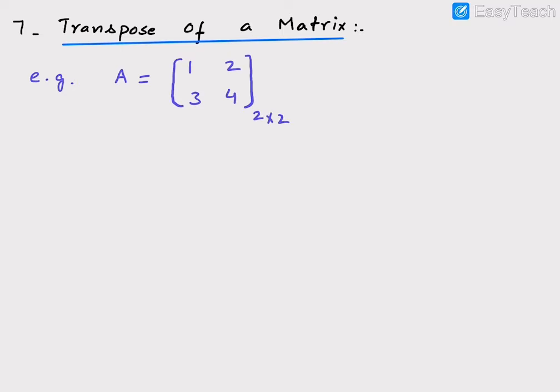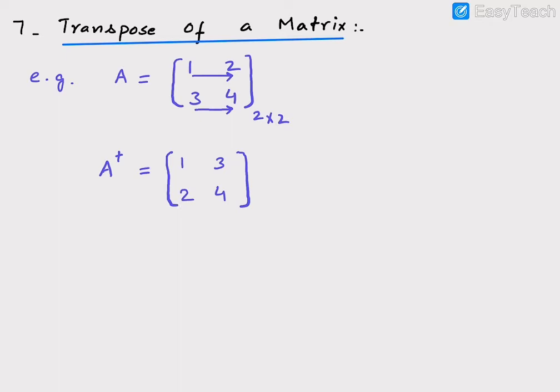The transpose of A is denoted by A raised to the power T and is defined by interchanging rows into columns. So this row 1, 2 change into column 1 and 2, 3 and 4 are the elements of row change into column 3 and 4. So this is called transpose of a matrix.